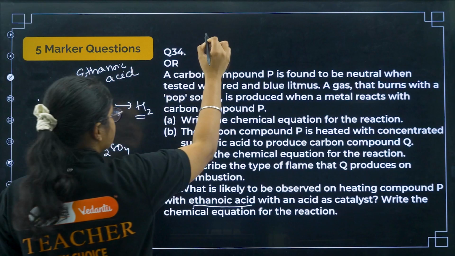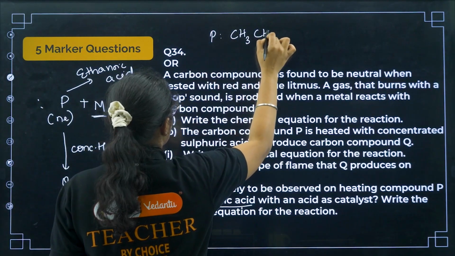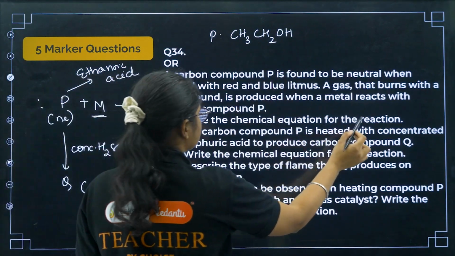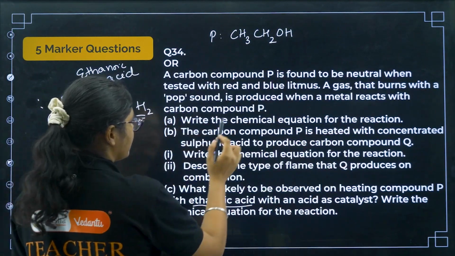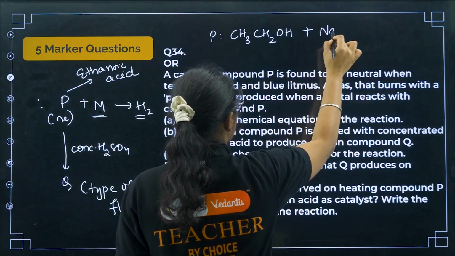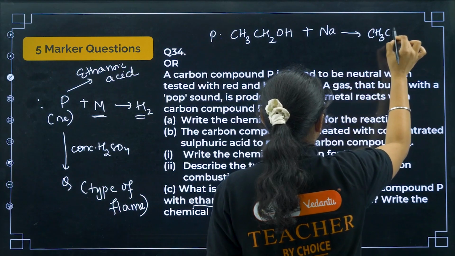So I can easily identify P. P can be any alcohol, you can write like this. Write the chemical equation for the reaction. Which reaction? That is for this gas, right? If I take sodium metal, then what will I get? I will get the sodium salt of this one.